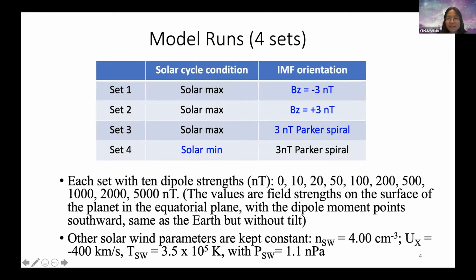The first 3 sets are all for solar maximum conditions, but we vary the IMF orientation: southward, northward, and Parker spiral. As we all know, for strongly magnetized planets like the Earth, IMF orientation could play a very important role. The last set examines the impact of solar cycle condition. It is the same as set 3, except for solar minimum condition.